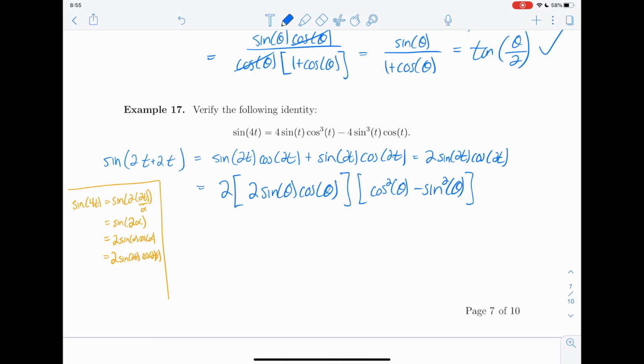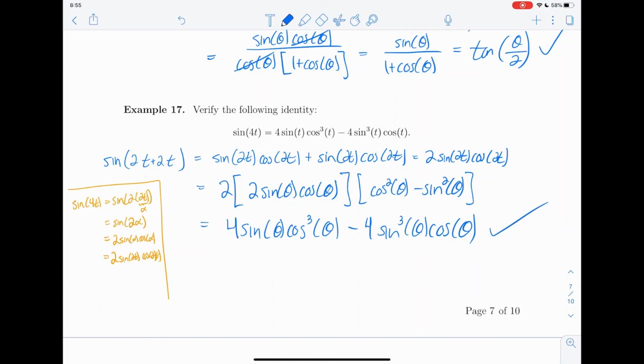And then, if I pull all this together and distribute, what I'll end up with is 4 sine theta cosine cubed theta minus 4 sine cubed theta times cosine theta. Which, by the way, is where we want to end up.